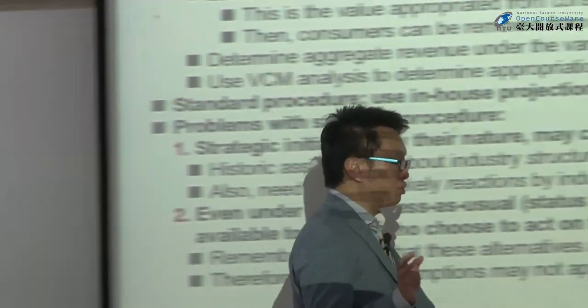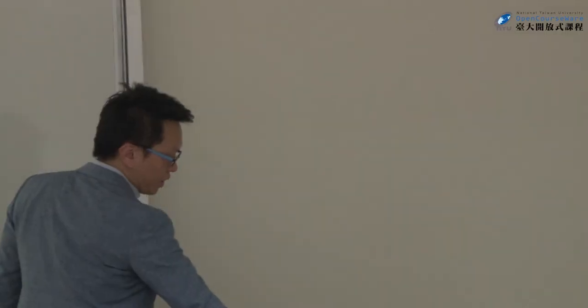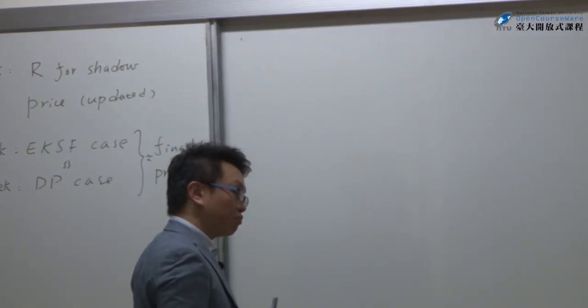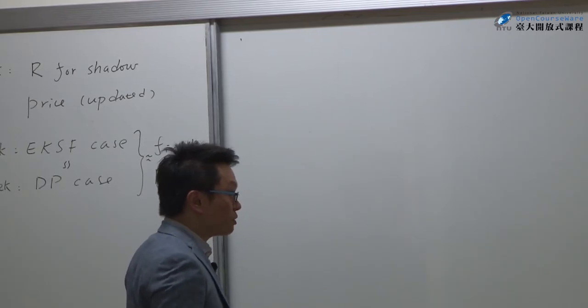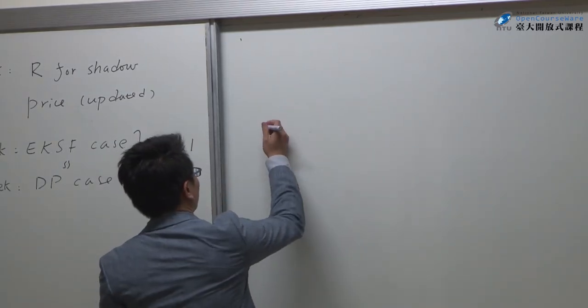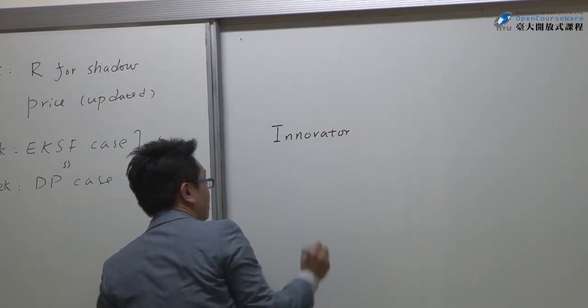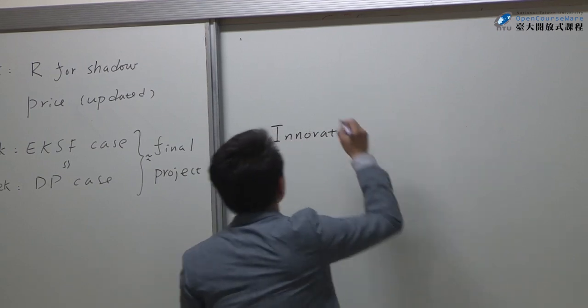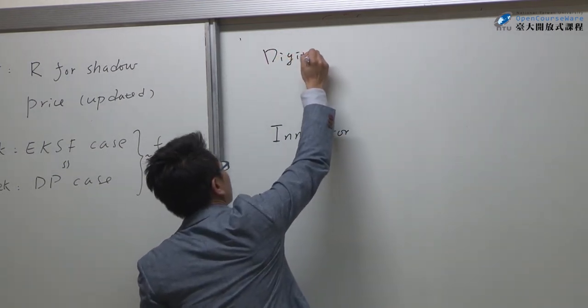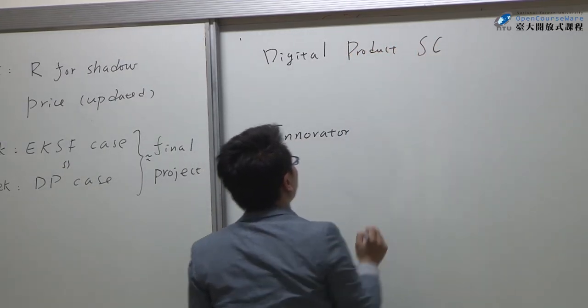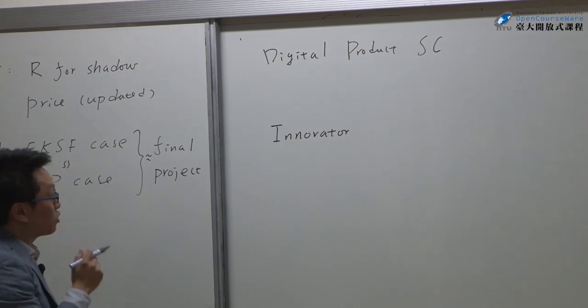If you were an entrepreneur and you find one way to create a new component, embedding the IoT, to sell to the smart farming industry or smart transportation industry or whatever, or your phone, and you are a component innovator, so I want to start to draw a diagram for the digital product supply chain.